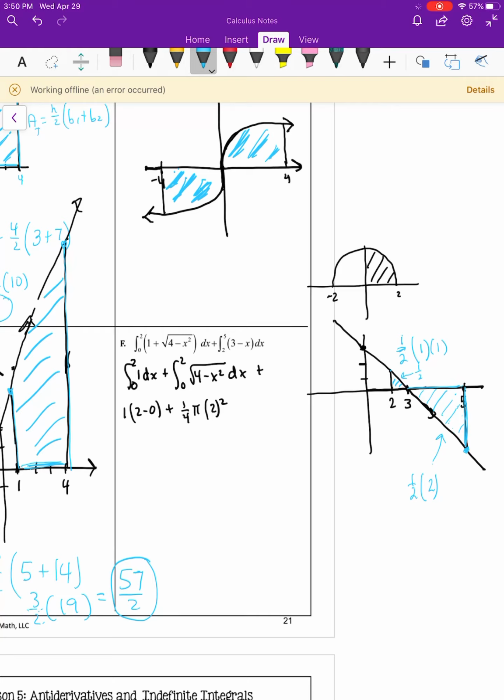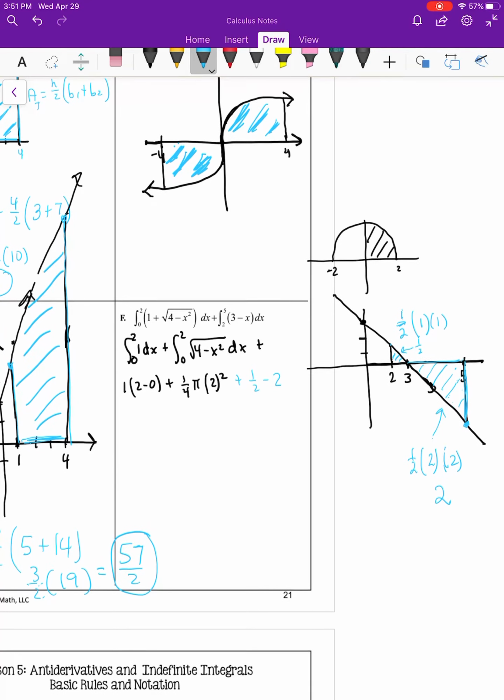My height is going to be right here, because look, that's my base, 5 minus 3, my height here, well, what would I get if I put a 5 in? 3 minus 5, I would get negative 2, but I'm just going to do 2. Even though it's negative, I like to just figure out the area of that triangle, which is going to be 2. And then I'd say, okay, this is going to be 1/2 minus 2, right? I'm going to put a minus in front of it because I know it's underneath the x-axis.